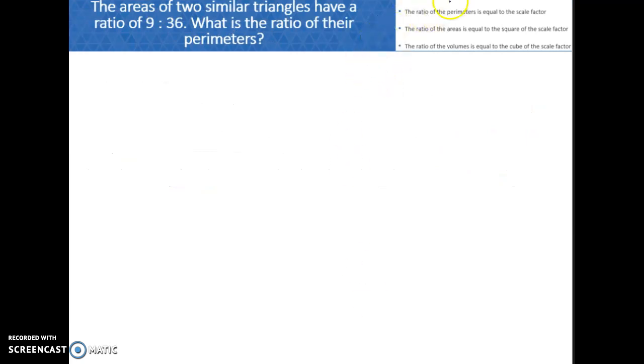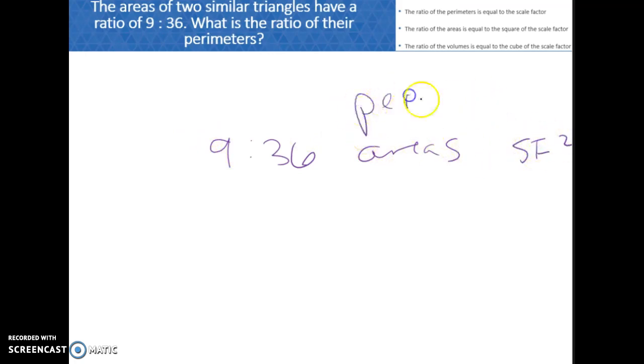The areas of two similar triangles have a ratio of 9 to 36. What is the ratio of their perimeters? So if the ratio is 9 to 36 for the areas, remember that means scale factor squared. If I want to know the ratio of the perimeters, perimeter is just the scale factor. So I need to square root these numbers to figure out the ratio of the perimeters.